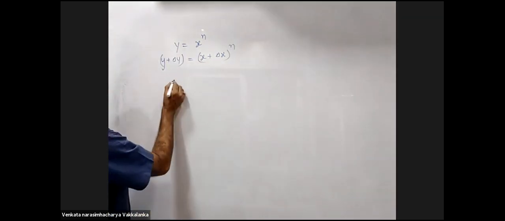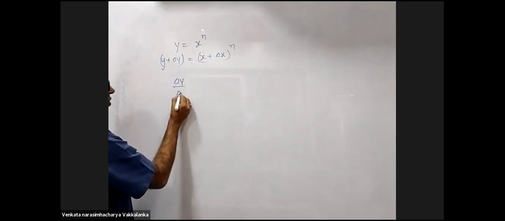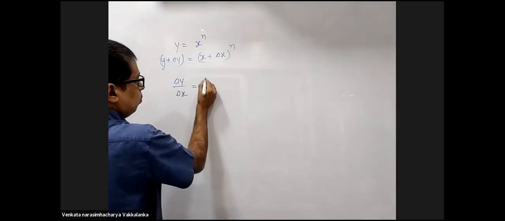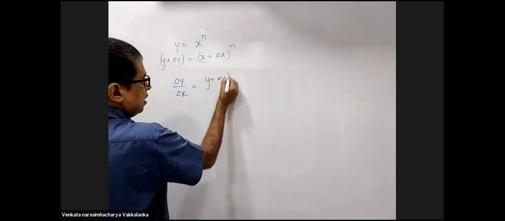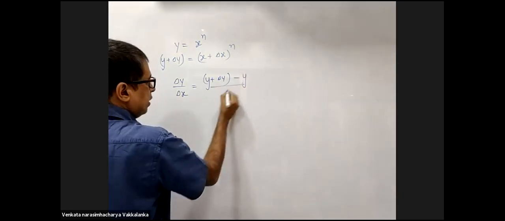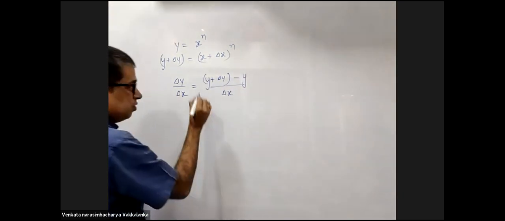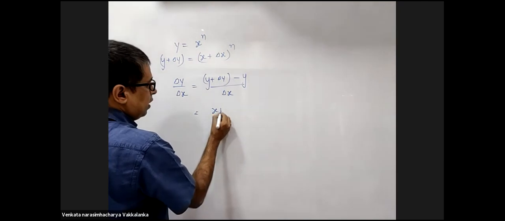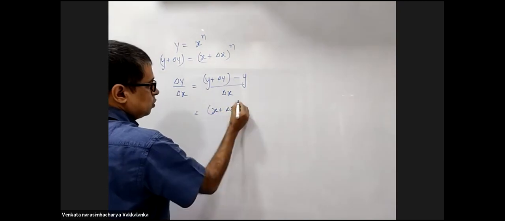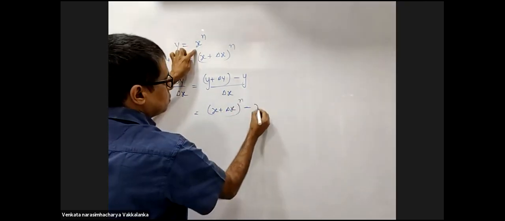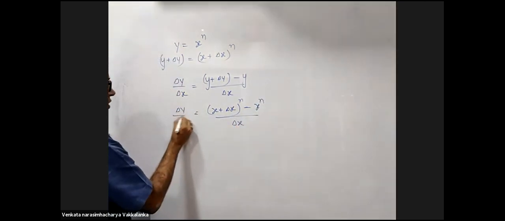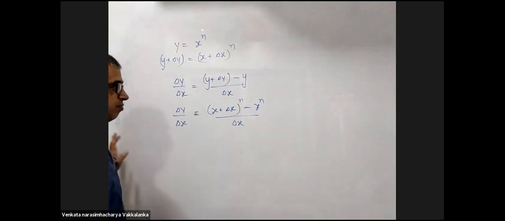Tell me, this is delta y by delta x: y plus delta y minus y upon delta x. This is what we did even in the previous class. y plus delta y is x plus delta x to the power n minus x to the power n, by delta x. This is delta y by delta x.